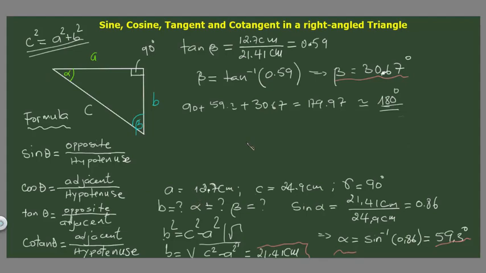This is a general formula, but in determining your angle, it all depends on what position you occupy on the triangle. If you stand here, your results are going to be a little bit different. If you stand there, it's going to be a little bit different.